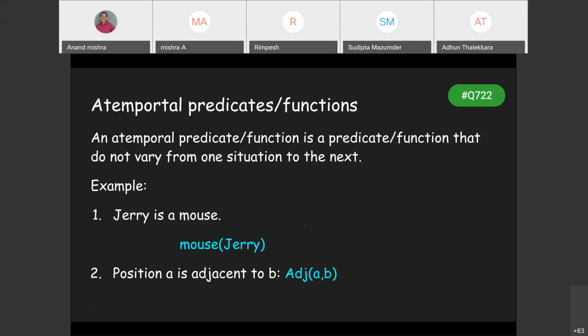In atemporal predicates, you will never find S arguments, because they are universally true for the entire setup. Another example: position A is adjacent to B. For example, (1,1) is adjacent to (1,2). That is universally true, and it will not change with the situation.